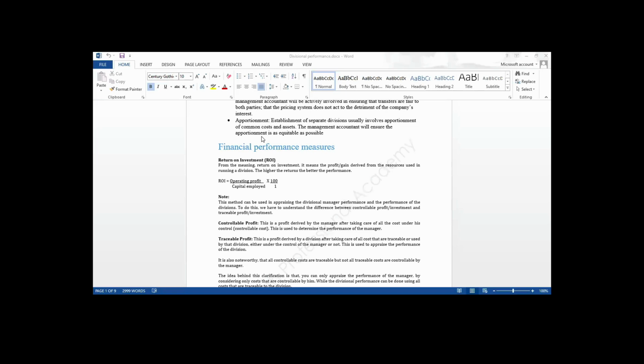For example, if a loan is obtained by the division and an interest rate applies on that loan, that interest rate is not within the control of the manager.